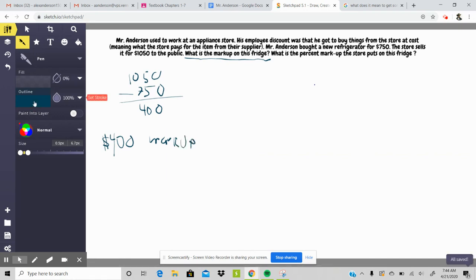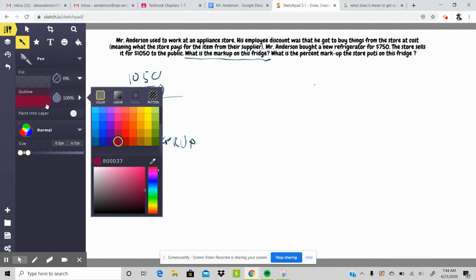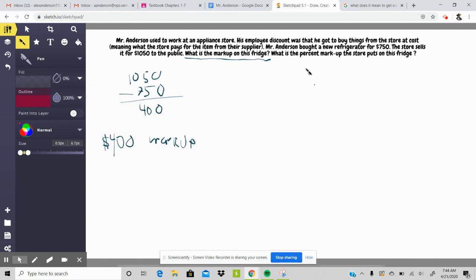All right. Then it says, what is the percent markup the store puts on the fridge? Well, if you remember yesterday with discounts, those were just word problems for percent decrease. A discount is just a percent decrease on the cost of something. So you guessed it, a markup is just a percent increase.